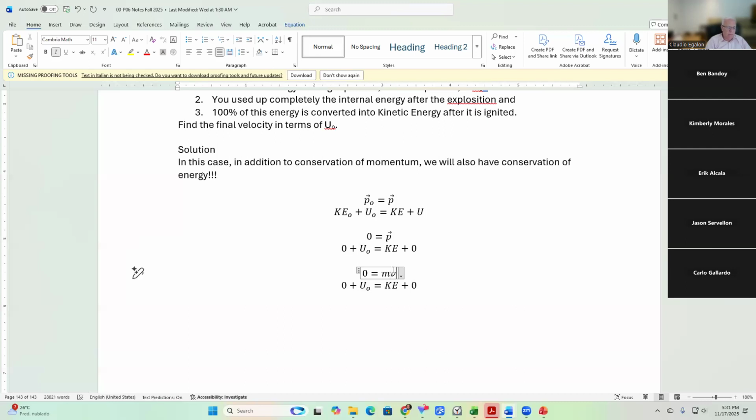We're doing the same math here. V01 makes things easier, right? No, it should be final, not initial. V vector final 2.